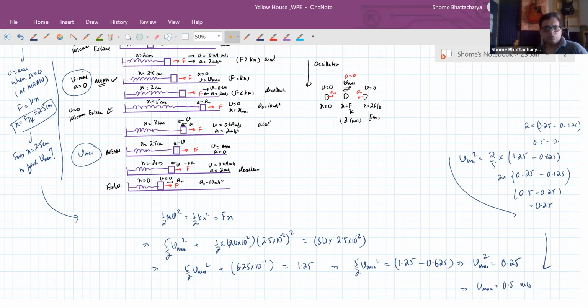Anmol, you should be getting the exact value of 0.5. Just check your calculation once. I'm getting the exact value of 0.5 meters per second. Your concept is correct. So this is the maximum speed.